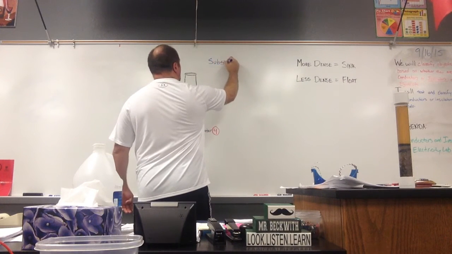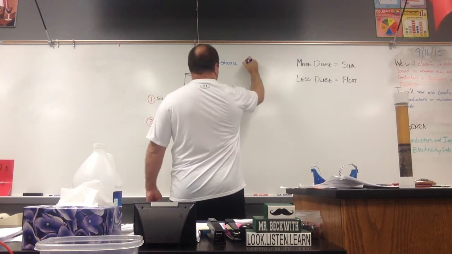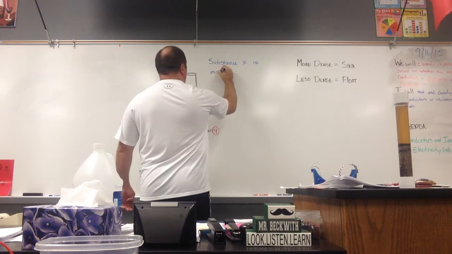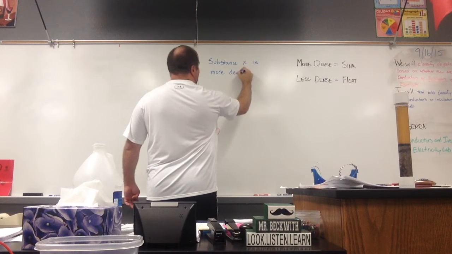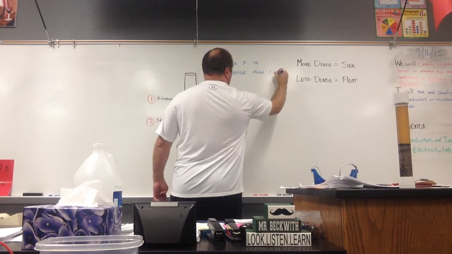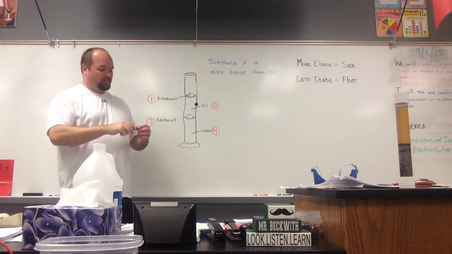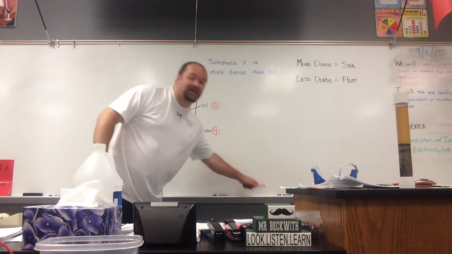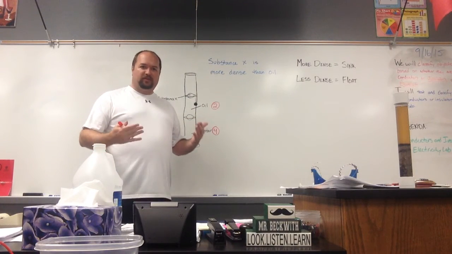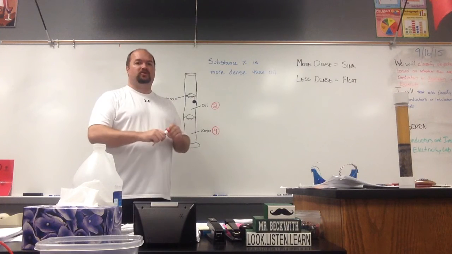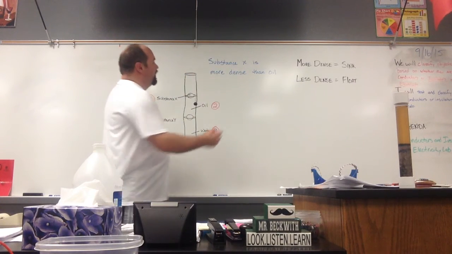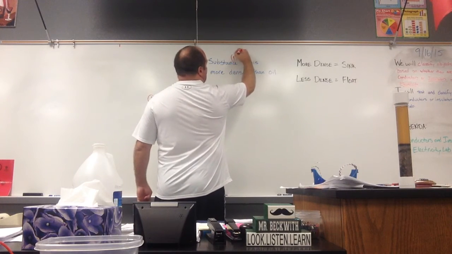Okay? Now, when we get a statement that says something to the effect of, substance X is more dense than oil. Now some of you can look at that statement and know immediately that it's false. But for some of you, you may have to think a little bit about it. But here's where our strategy comes in. Anytime I see substance X, I'm going to write that 1 above it.